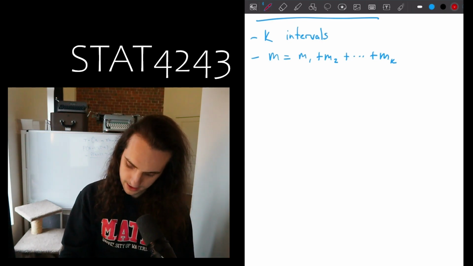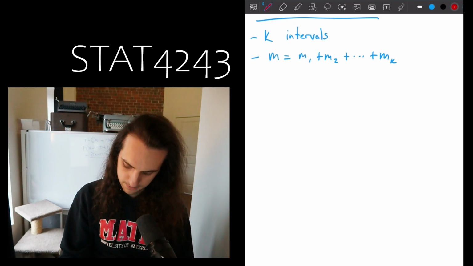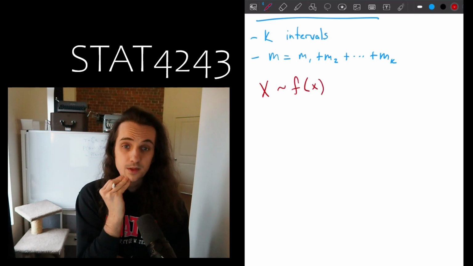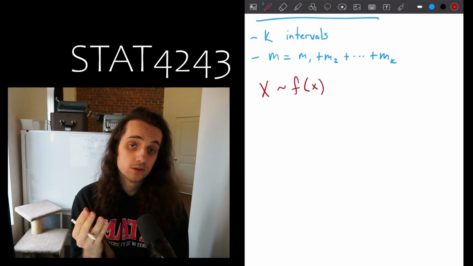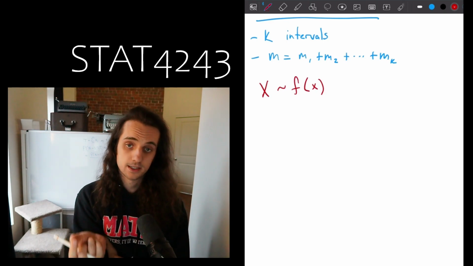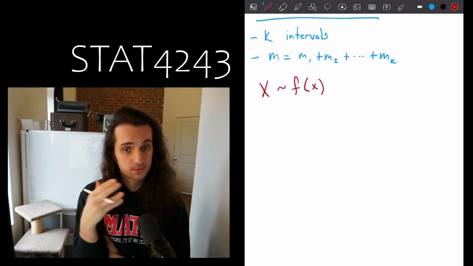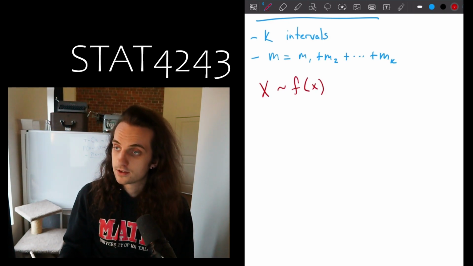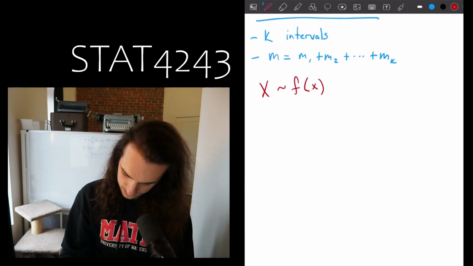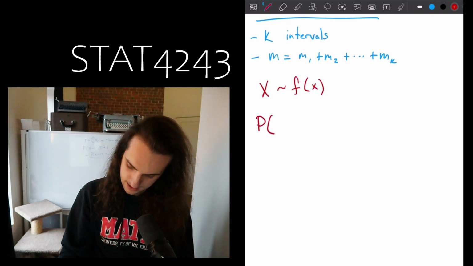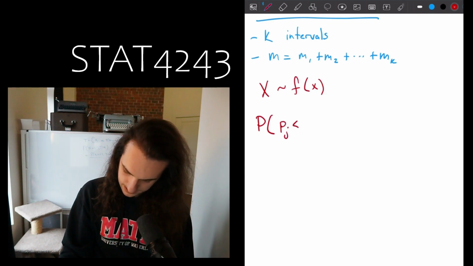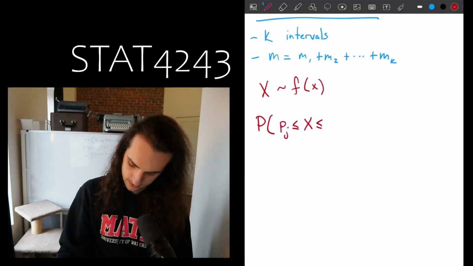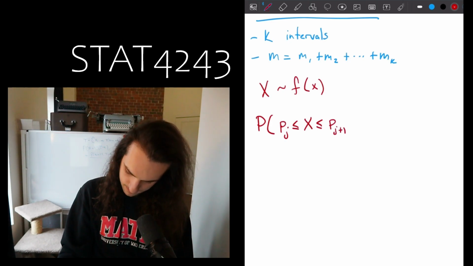And so if we think about the setup where we're sampling x from some density, say f, right? Then one of the things that we might think to do is take the probability proportional to how likely it would have been to observe something within that range in the first place, right? And so we can think about the probability that pj is less than or equal to x, which is less than or equal to pj plus 1, right?